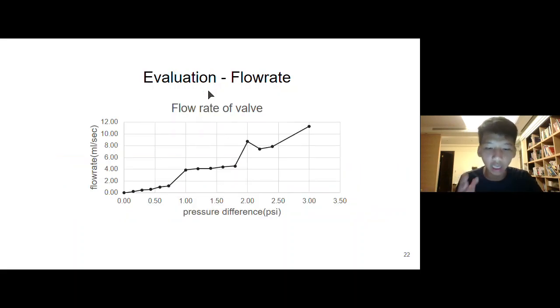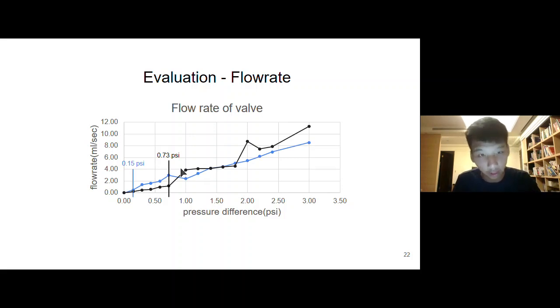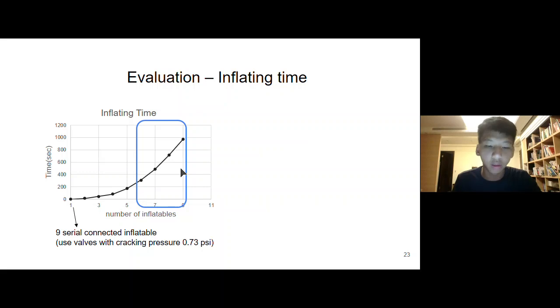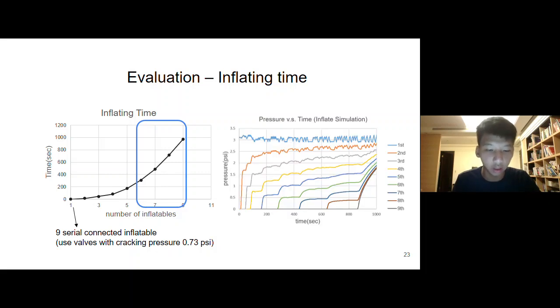We conduct an experiment to measure the flow rate under different pressure. As you can see, at the cracking pressure of the valve, the flow rate increases significantly as the valve is pushed to open. That is, by changing the cracking pressure, we can change the flow rate response of the system. With this experiment result, we used the above equation to simulate the inflating process.